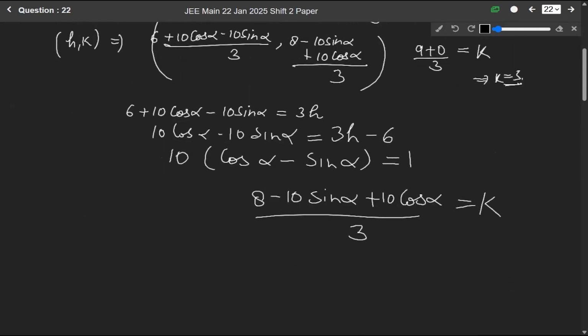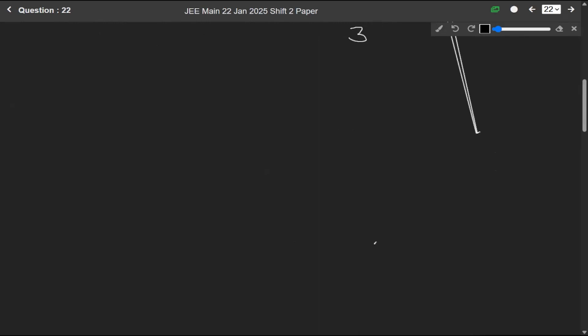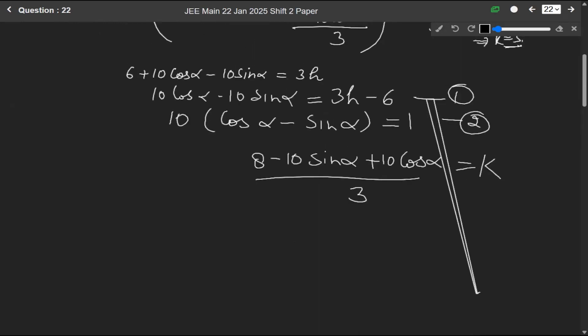Let us say this is equation number 1 and this is equation number 2. So 8 - 10 sin alpha + 10 cos alpha over 3 equals k.